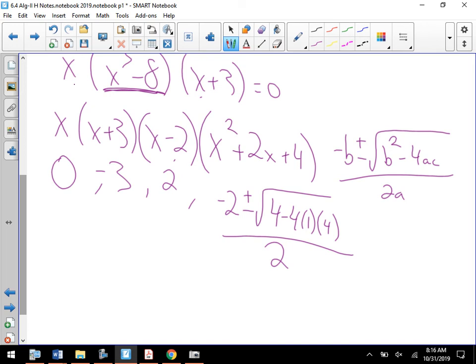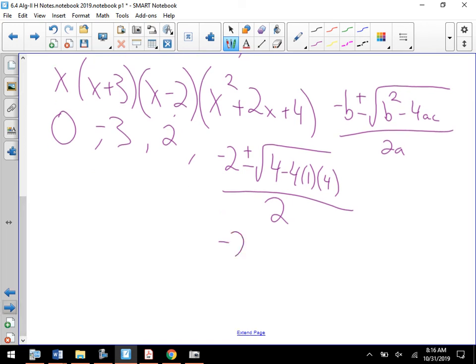What's 4 times 4? 16. 4 minus 16 is how much? -12. So I have -2 plus or minus the square root of -12, all over 2. What's the square root of -12?